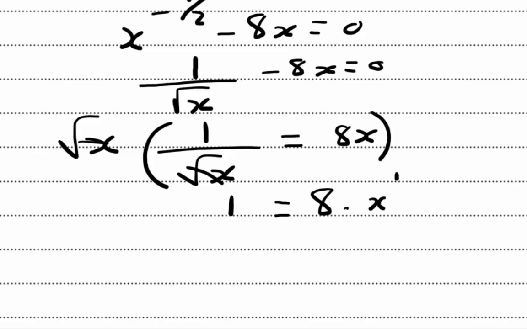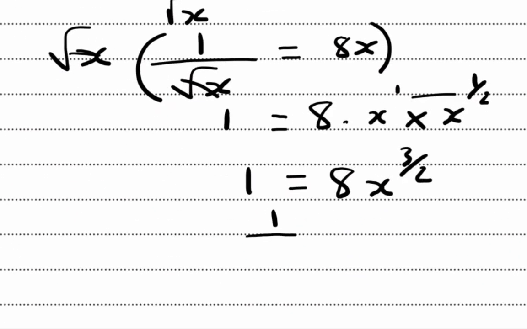this x to the power 1 times x to the power half. So we add these two. So 1 is equal to 8x to the power 3 over 2. Then we divide by 8 both sides. We get this.